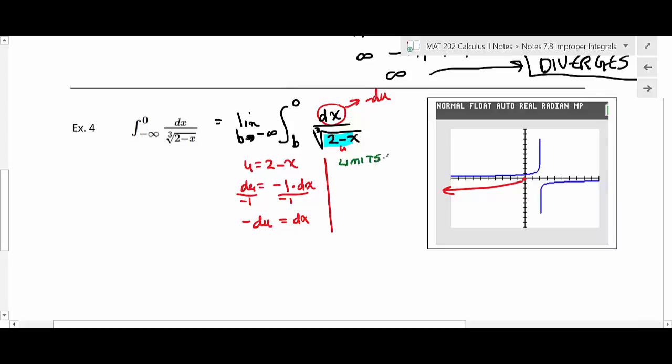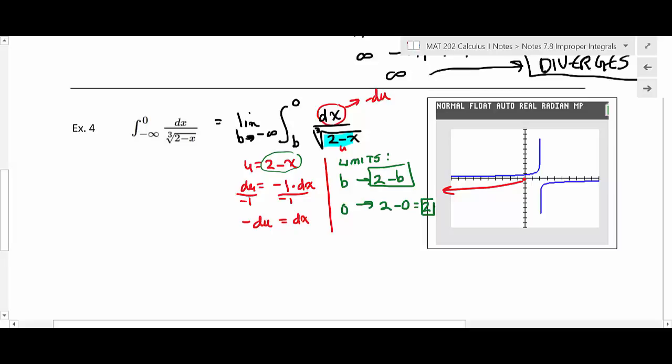Okay, let's do the limits. When I do the limits, we're going to go from b to 0. So you just do your u substitution. We're going to do 2 minus b, so that would be the upper limit of integration. Then you're going to do 2 minus 0, and that would, hold on, I said that backwards. B would be the lower, and then 0 is the higher. So that's going to be 2. Now we're ready to set up our integral.